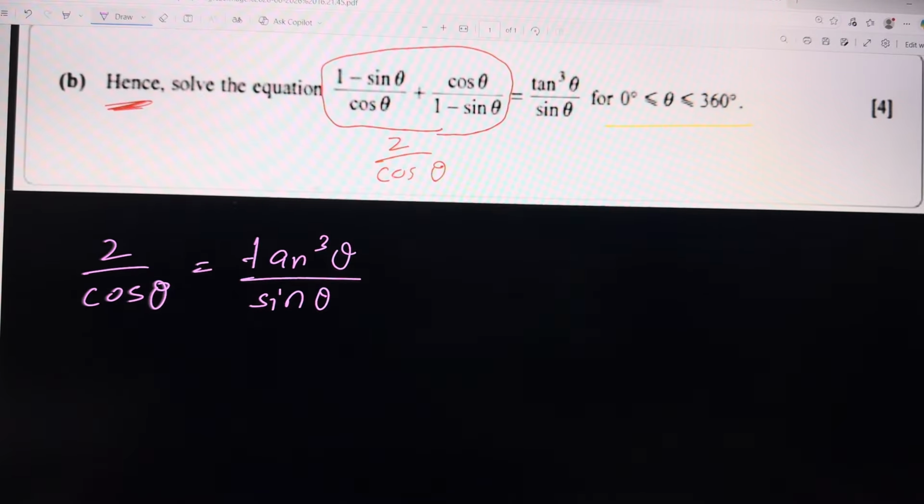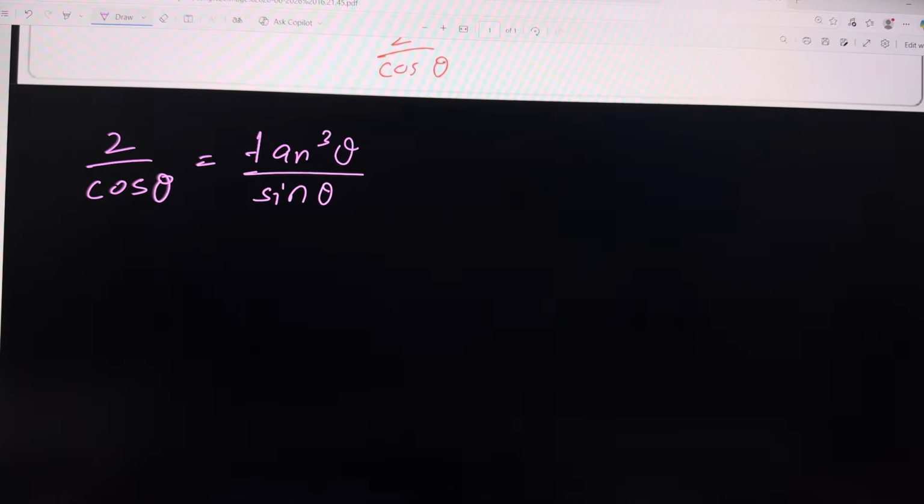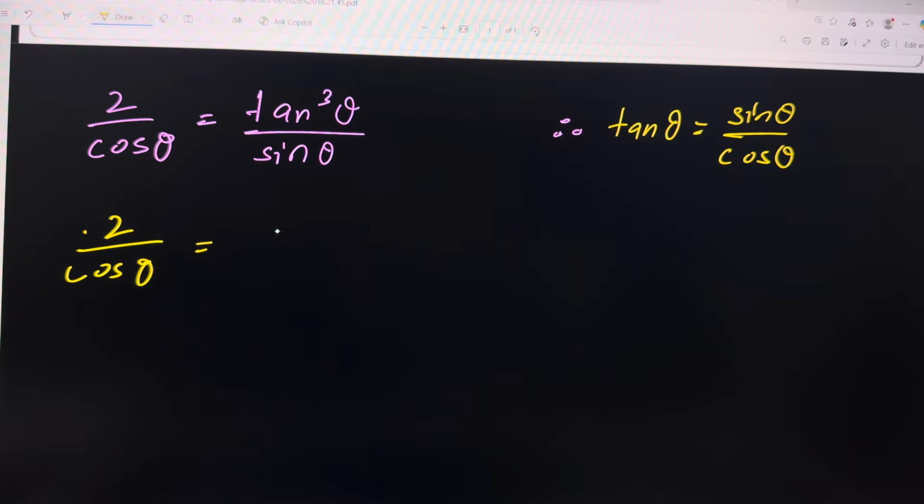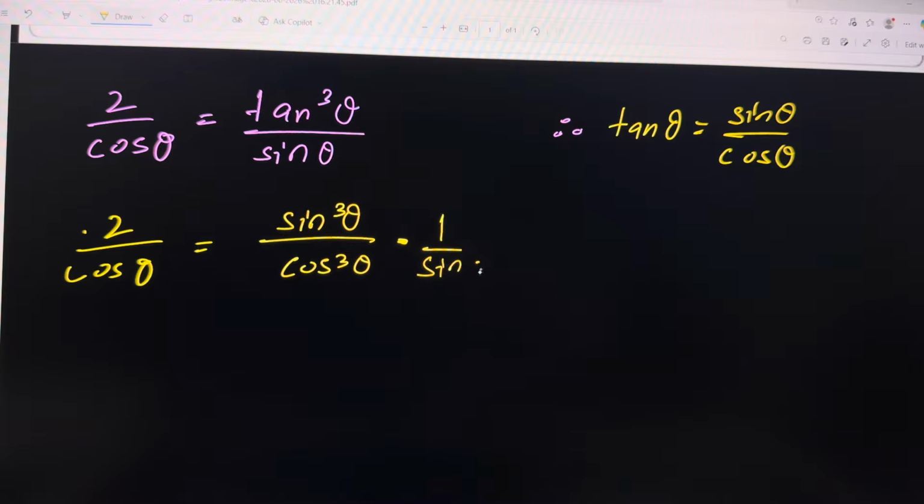Now let's try to expand this. The identity used here is that tan theta is equal to sine theta upon cos theta. No matter the power, we can just add the power to all three of them. So this becomes 2 upon cos theta is equal to sine cube theta upon cos cube theta times 1 upon sine theta, because I just took the denominator to the side.